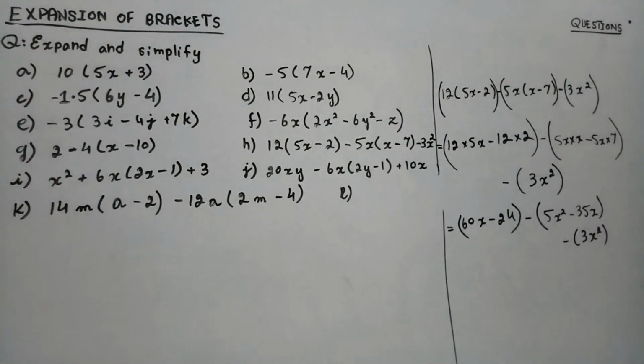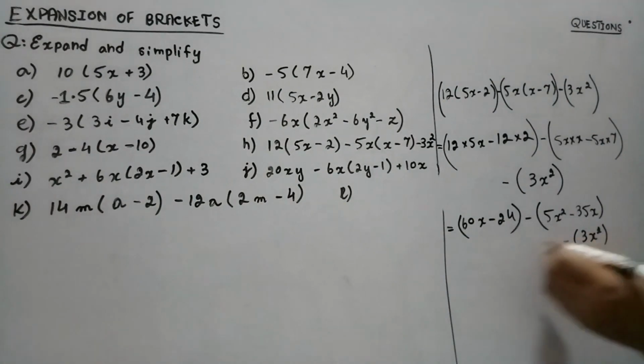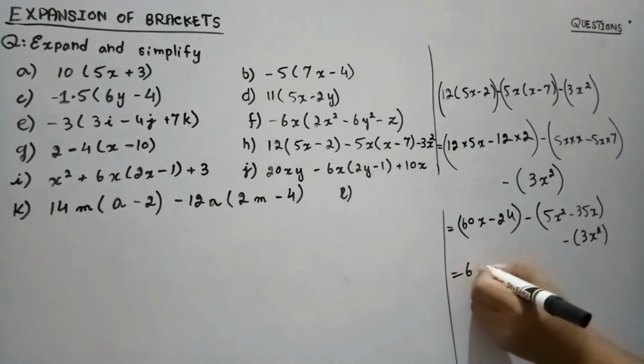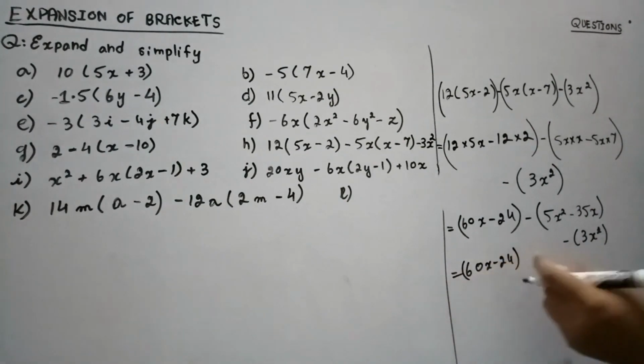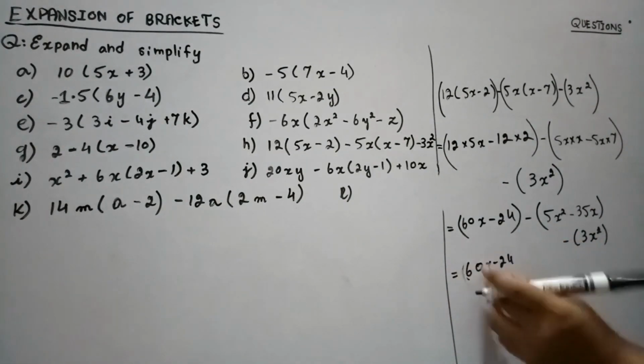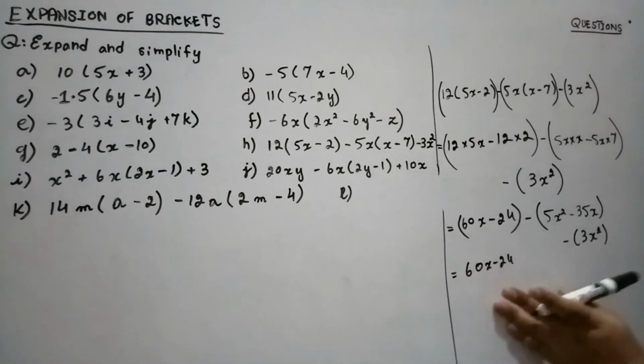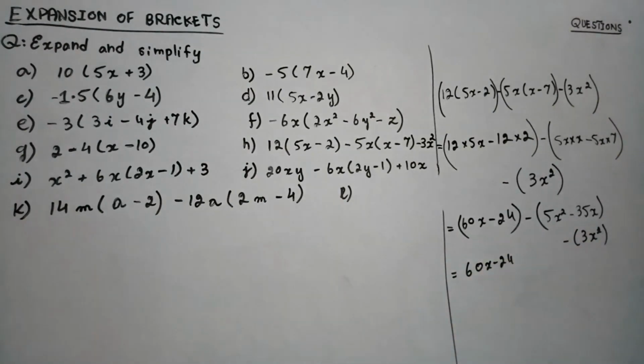Okay, now I have said that signs are also going to multiply with the brackets. So if I write the first term 60x minus 24 as it is, we can just remove the brackets now, because here now we are expanding the brackets.